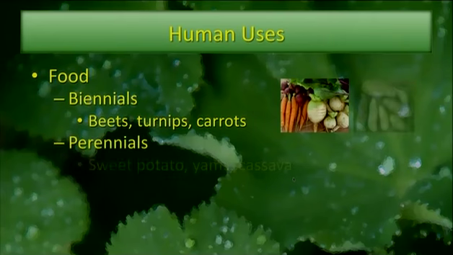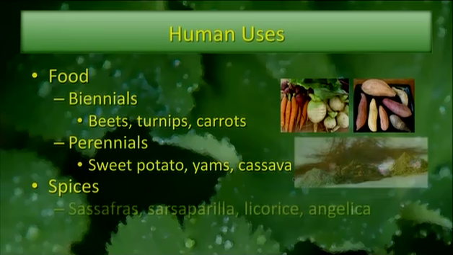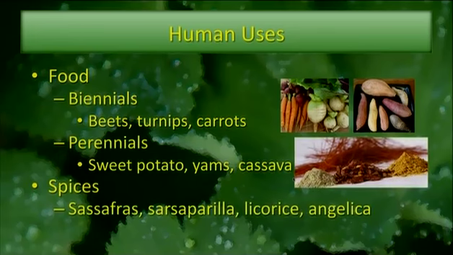Now we have perennials, such as sweet potatoes, as you see here, yams, and cassava. Roots also are sources of spices, such as sassafras, sarsaparilla, licorice, and angelica. These all come from different plant roots.